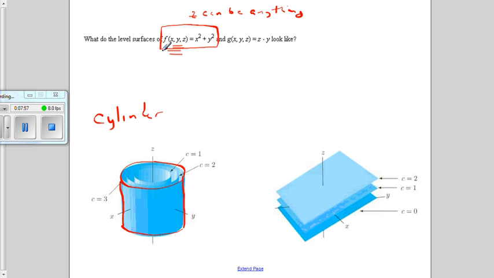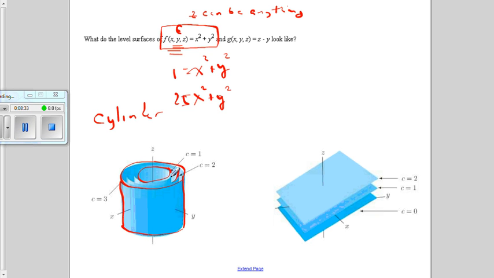So the idea is we set our dependent variable to some constant. So we could say 1 equals x squared plus y squared. There we get a cylinder with radius 1, and we see it right here. And then we could say 2 equals x squared plus y squared. And now we've got a radius of root 2, and we see that in here.